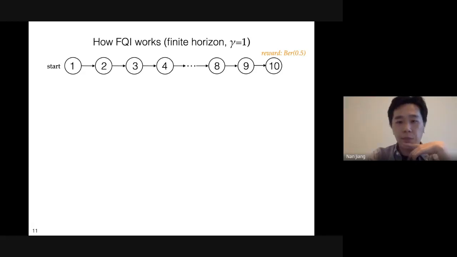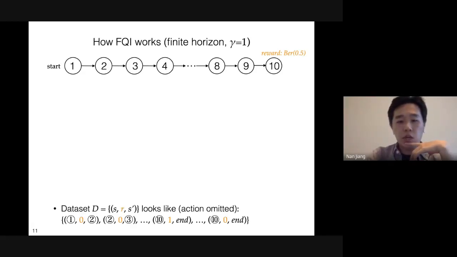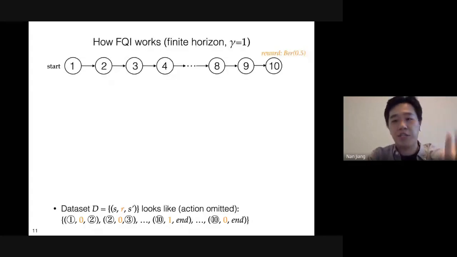Okay. And because there's no actions, your data set will look like something like state number 1, you get 0 reward, transition to state number 2, and so on and so forth. And at the end, from state number 10, you get a bunch of random 0 and 1s as your immediate rewards, and then the process terminates.